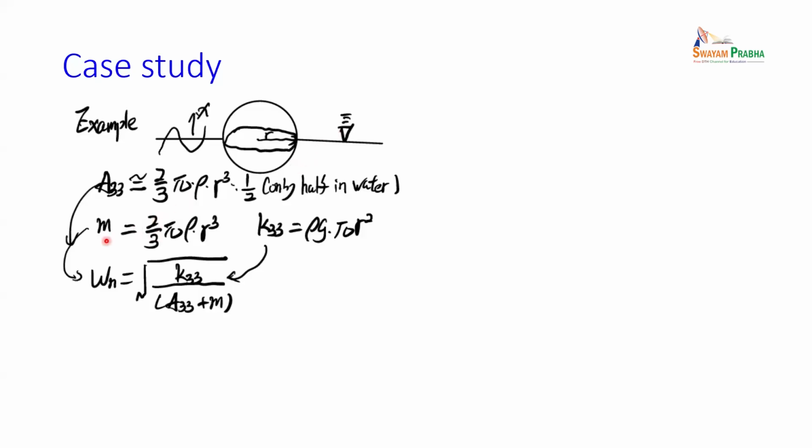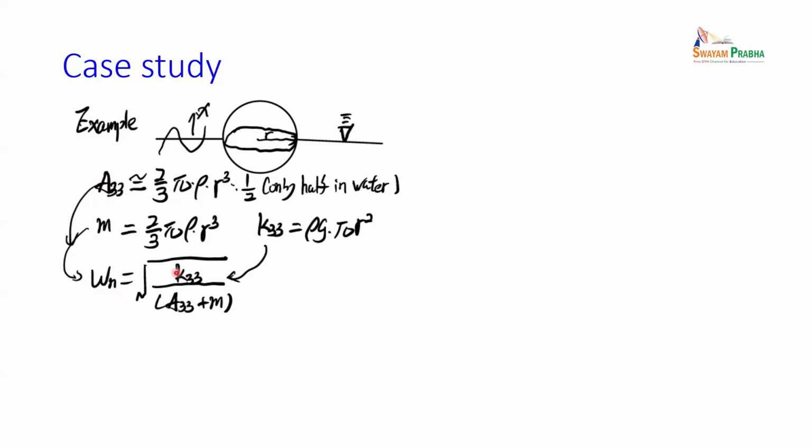So you can write the physical mass that way. Now you have the added mass. The added mass here is half the ball volume of displaced water, right? So now you have the added mass and the physical mass.